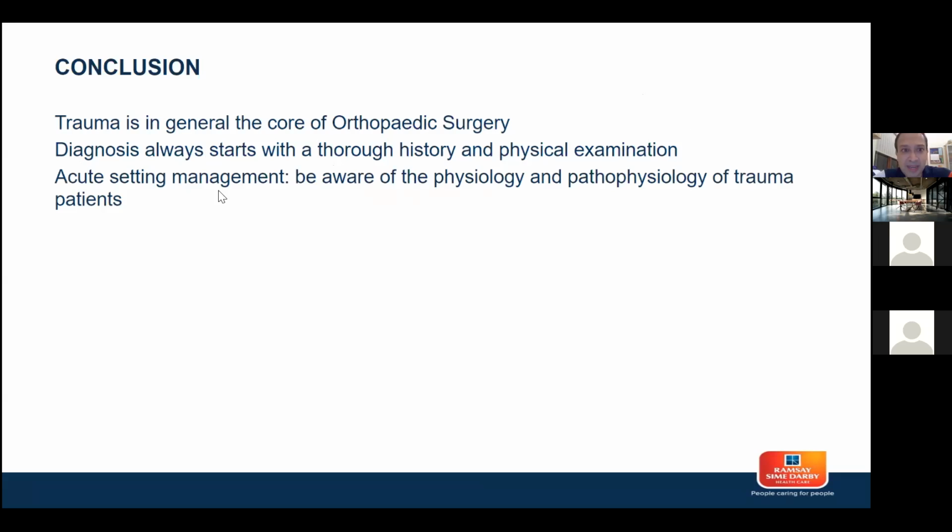In acute setting management, always be aware of the physiology of the patient and the pathophysiology of trauma patients. So you have to be aware of the patient's response to any acute trauma, whether it's their inflammatory status or their vascular status. That will help you in managing acute trauma.